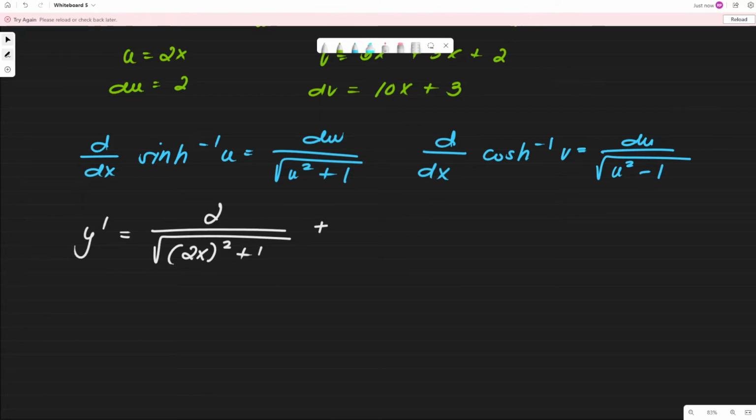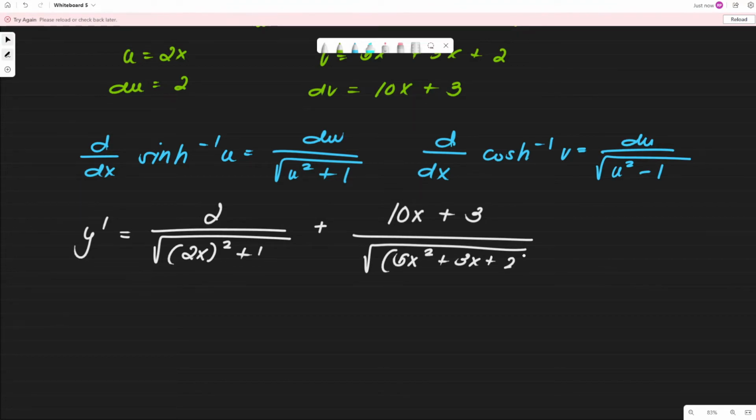Plug muna natin lahat. Plus 10x plus 3 over square root ng 5x squared plus 3x plus 2 squared minus 1.